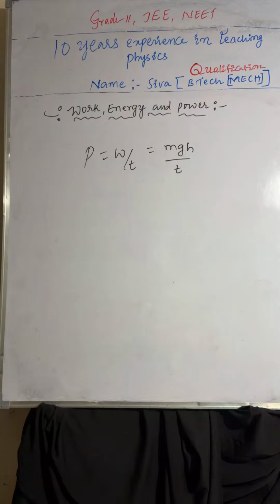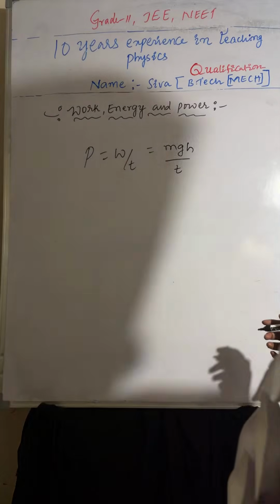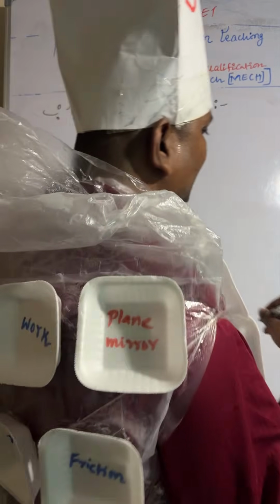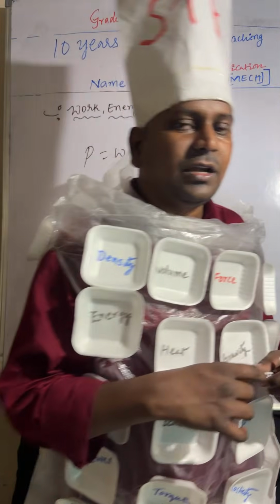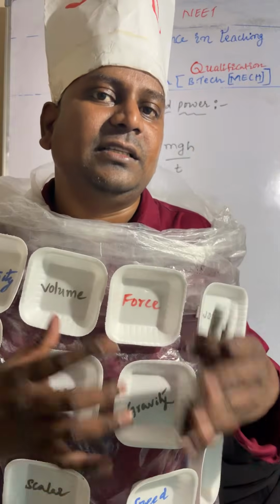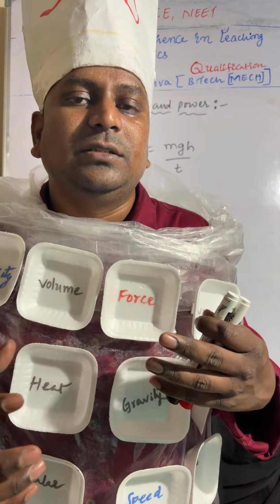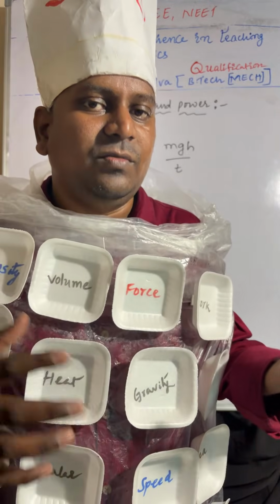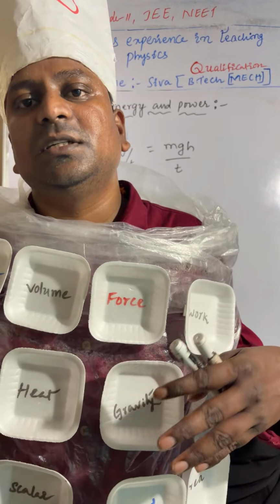Okay, so next one, collisions. Collisions are nothing but bodies coming with a high velocity and colliding with each other. Different types of collisions are there: one dimensional collision, two dimensional collision.